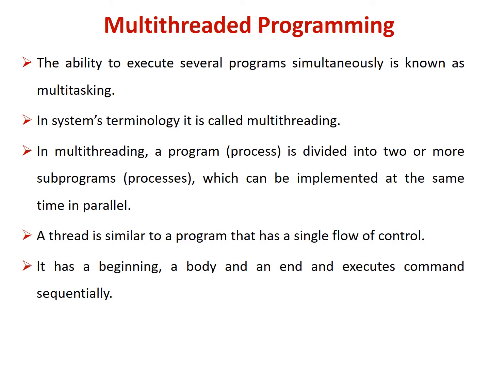Now, we'll start with multi-threaded programming. The ability to execute several programs simultaneously is known as multitasking. In systems terminology, it is called multithreading. In multithreading, a program, that is a process, is divided into two or more subprograms, that is processes, which can be implemented at the same time in parallel.